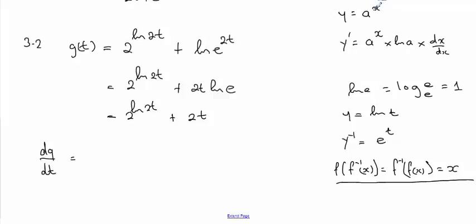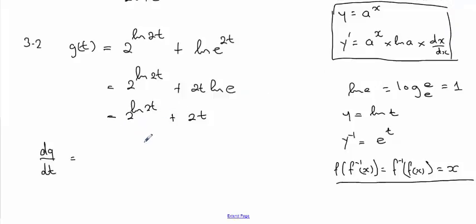Even if this argument was any other function like sine or cos, the derivative would simply be y prime equals a to the power cos, whatever argument cos has got, multiplied by ln of the base, multiplied by the derivative of cos with respect to x. So if you know this, you just need to adapt it here.